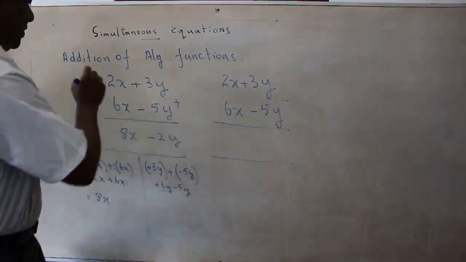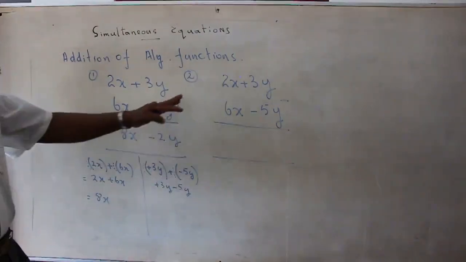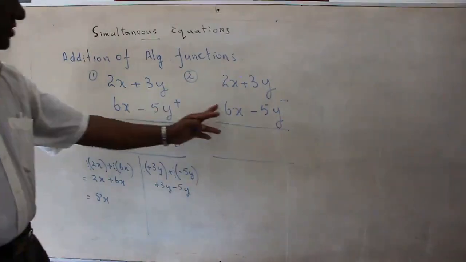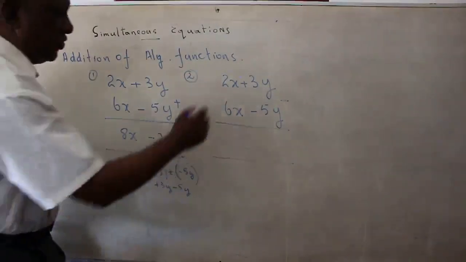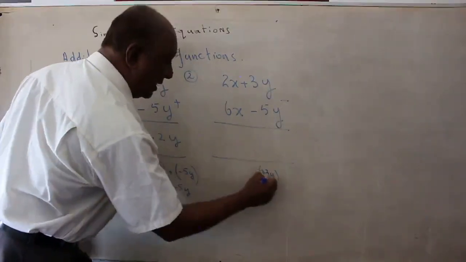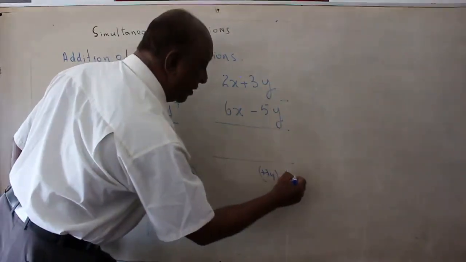See the first question, alright, the second one. In this case, you have the same question, 2x plus 3y on top, 6x minus 5y at the bottom, subtract. So you will write plus 3y like this in the bracket, subtract here, bracket minus 5y.